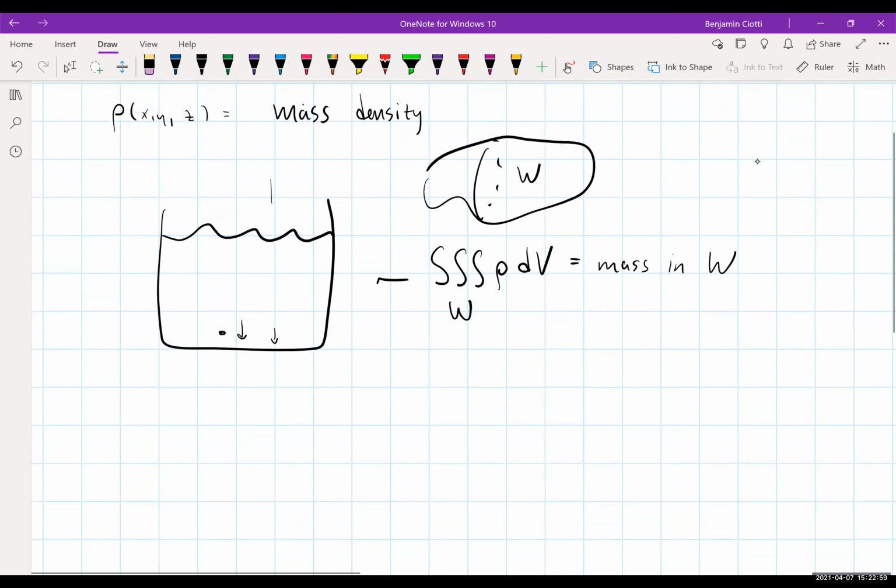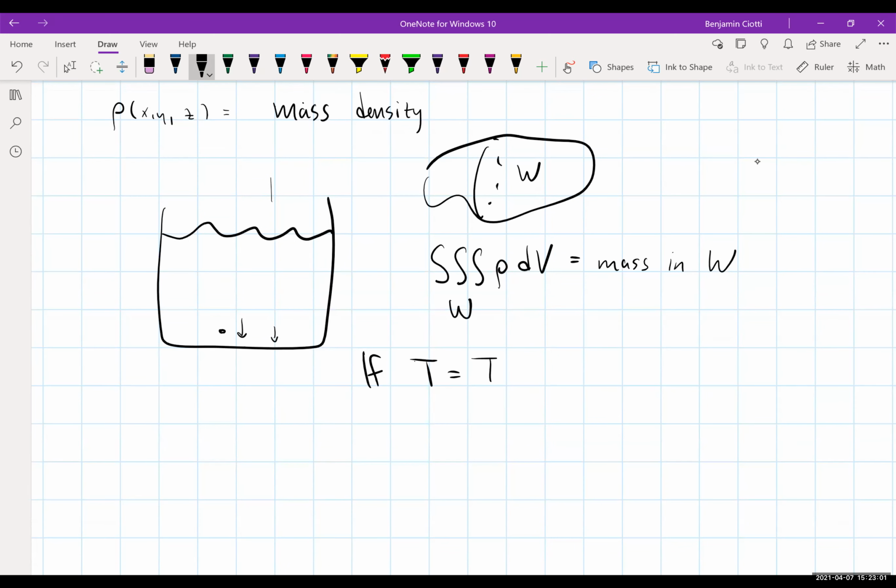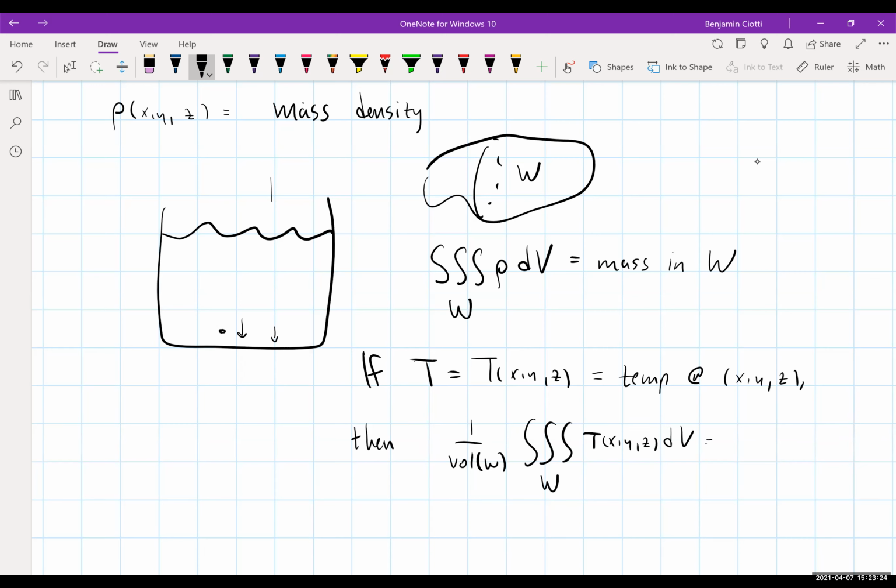So if T is the temperature at the point x, y, z, then if you integrate T over the region, this gives you the average temperature in W. You could even add time, by the way, and make this a four-dimensional integral if the temperature was changing in time too.